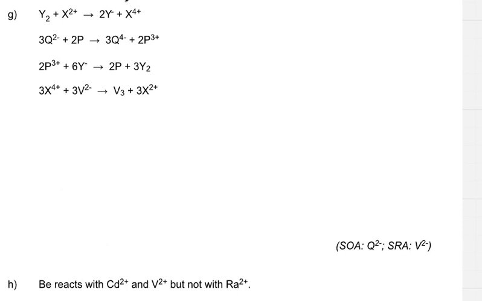You do that by losing electrons. It's Y here who is trying to go from Y2 to Y with a negative charge. So the story in this first reaction is Y is trying to take electrons from X, and apparently they succeed in doing that. So our ranked list starts with Y being stronger than X.